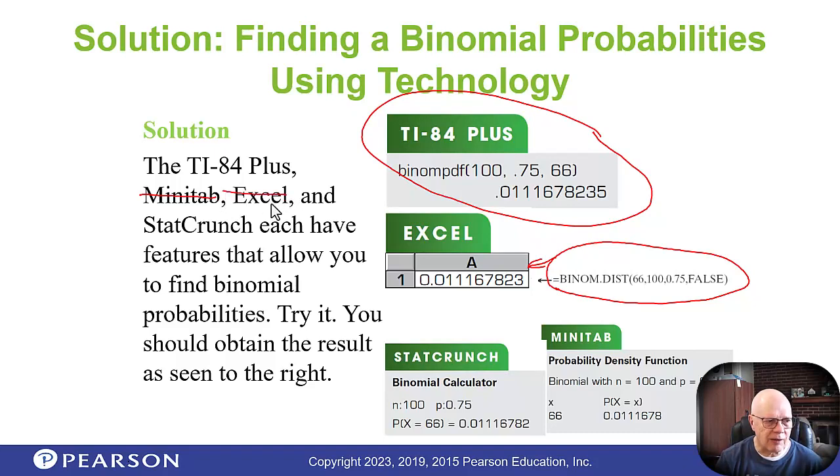You could use Excel because most of you have it on your computer anyway, and most of us wouldn't have StatCrunch, although in some classes they actually do use StatCrunch. So there's a handful of ways you can do it. We're going to stick with this one.